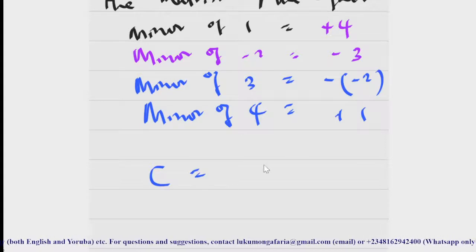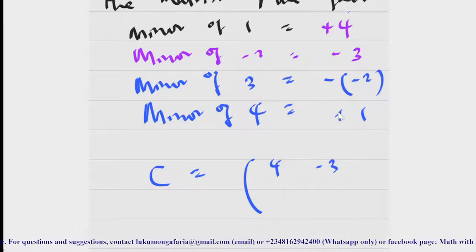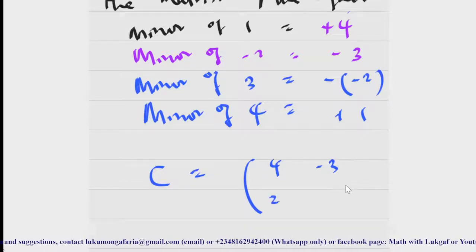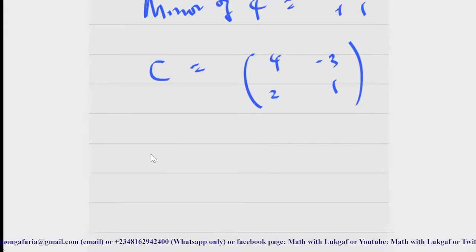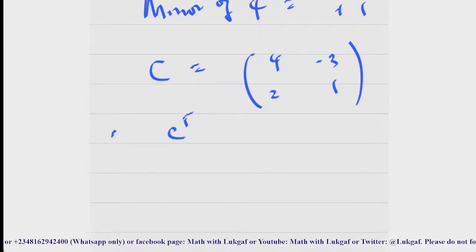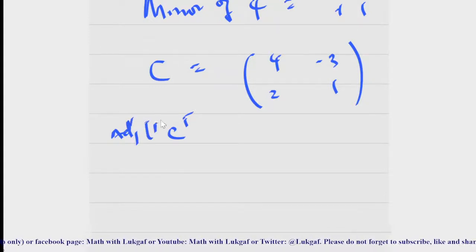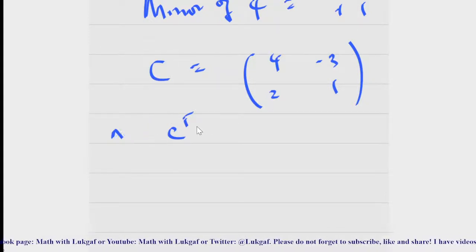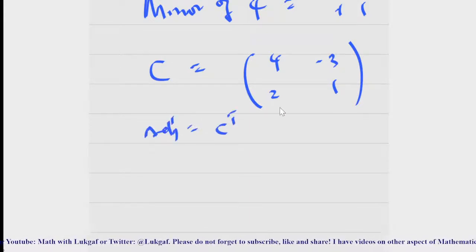So immediately after you've done that, you can now obtain your C. Your C will now be 4, minus 3, minus 2, 1. I hope you understand now. So that is your C. Then after that, we want to find our C transpose, which is the adjoint of A. Let me write it very well. Then my adjoint of A, which is equal to C transpose, will now be what?